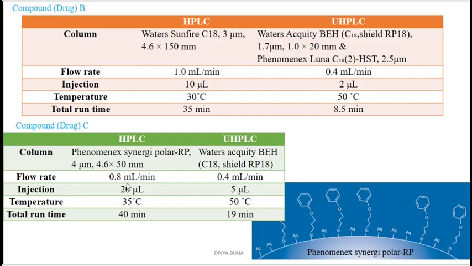The flow rate set over here is 0.8 ml per minute. Over here it would be half of that, that is 0.4 ml per minute. Injection volume is 20 microliter over here, wherein in UHPLC it would be 5 microliter. Temperature over here would be 35 degrees Celsius, wherein over here it would be 50 degrees Celsius. Runtime is 40 minutes in HPLC. It is 19 minutes in UHPLC.